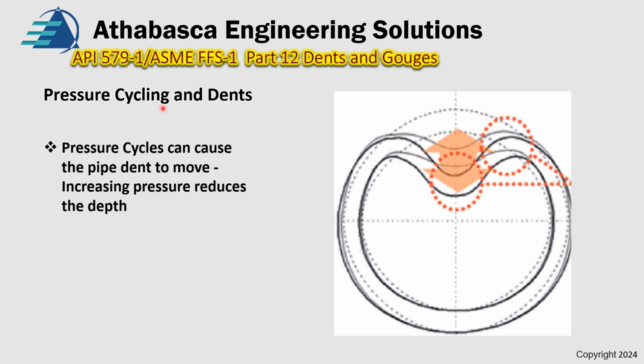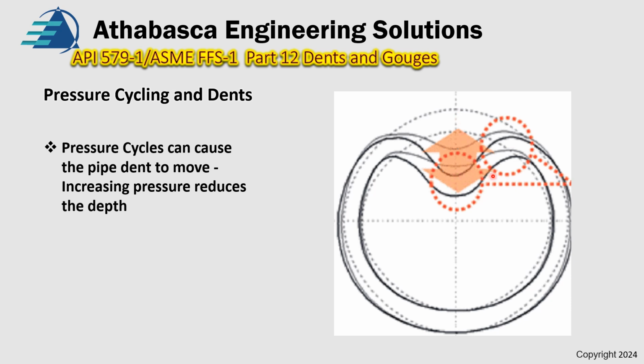Basically, pressure cycles can cause the dent to move up and down with changing pressure. The dent that was present may be caused by a pipe rack or rock, and then the line pressure goes up, and it's going to want to form into a perfect circle, because that's the point of least energy. It's going to want to straighten out and turn back into a beach ball shape. Then when the pressure reduces, because it's plastically deformed, beyond its elastic limit, it will try to spring back to its original position.